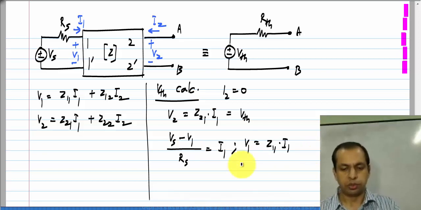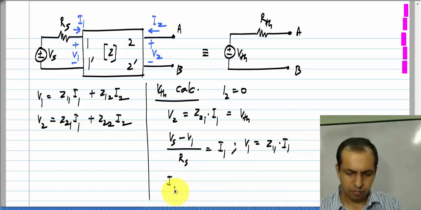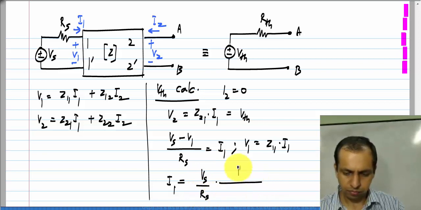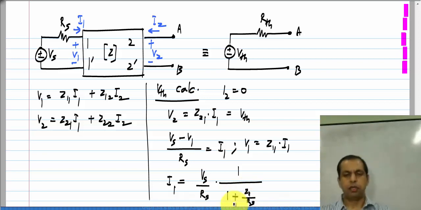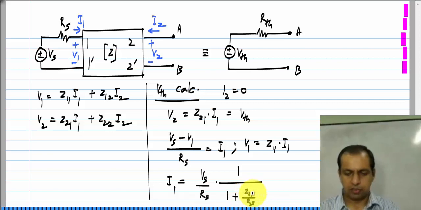So, putting these two things together, we will get I1 to be, okay, Vs by Rs times 1 by 1 plus Z11 by Rs.